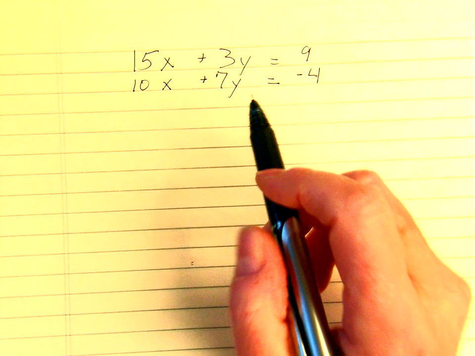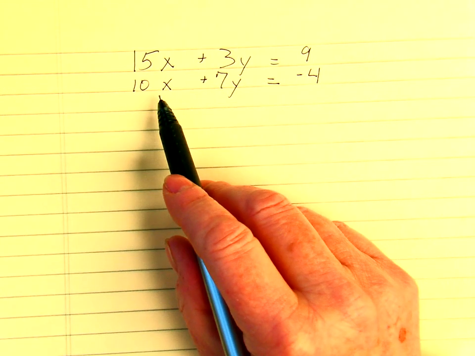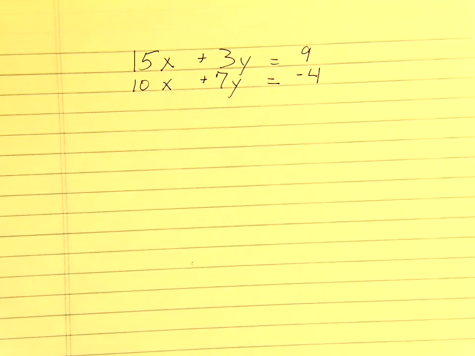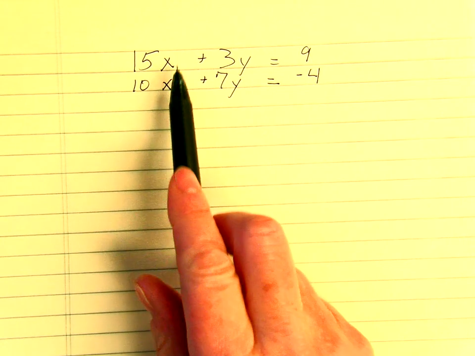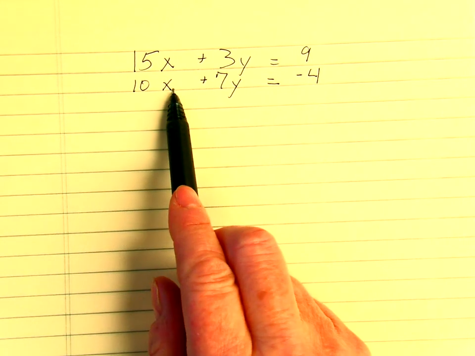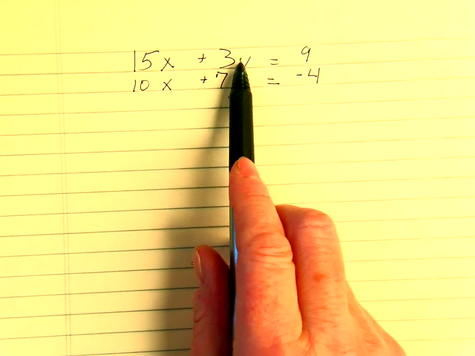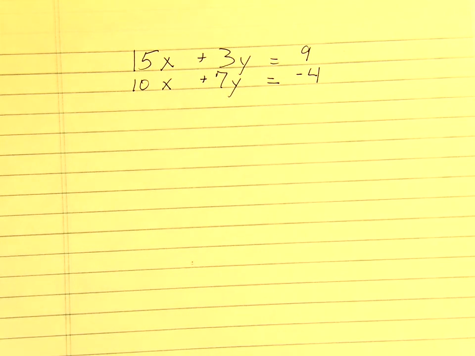I am going to go ahead and eliminate y. You could just as easily eliminate x. I could have eliminated x by multiplying this by 2, and this maybe by negative 3. Here what I'm going to do is multiply this one times 7 and this one times negative 3.